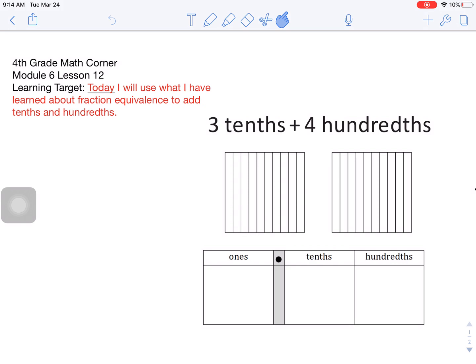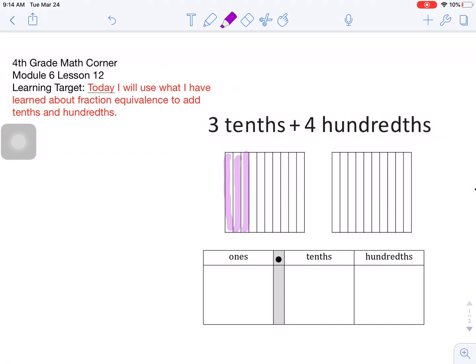Remember when we were doing fractions, we had learned that in order to add fractions, we have to have like denominators. So if I look at this first problem here, it says 3/10 plus 4/100. So one way that I can represent this is to color in my area model. In the first area model, I'm going to color in my 3/10. 1, 2, 3.